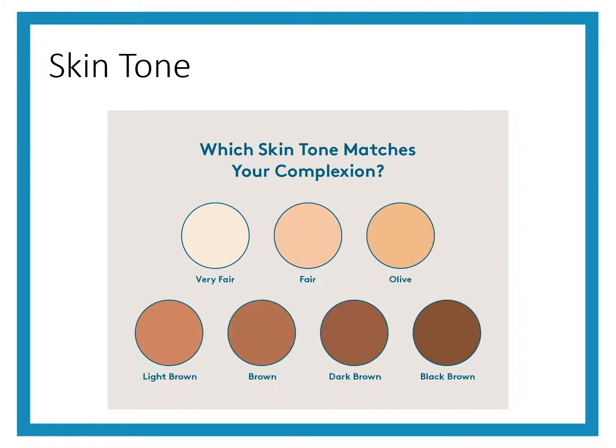If you know what skin tone here matches your complexion, then you can compare it to your product while you're making it instead of having to smear hot product on your skin as it's cooking. You can hold this up to it and get a better idea as well. So that is in your notes.